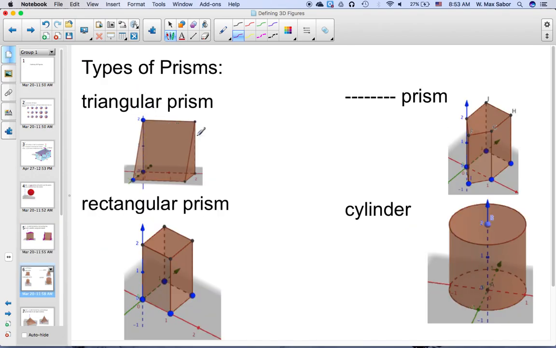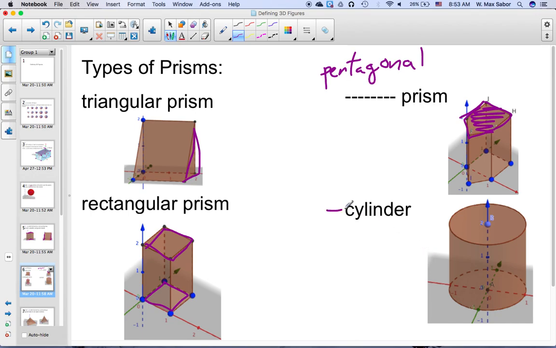Now, we name prisms based off of their bases. So a triangular prism, a rectangular prism. You can name other things as prisms if you have a different base. So this we could call a pentagonal prism because it has a pentagon as each base.